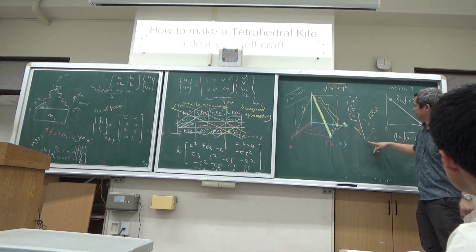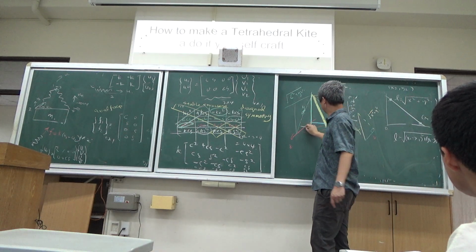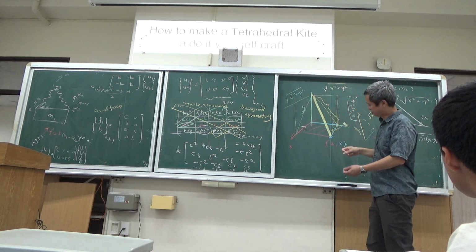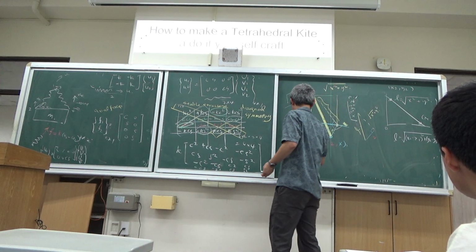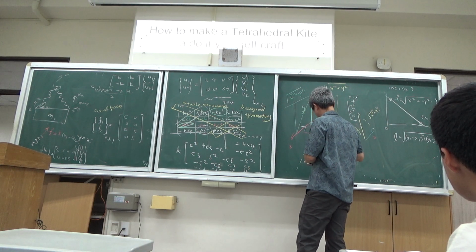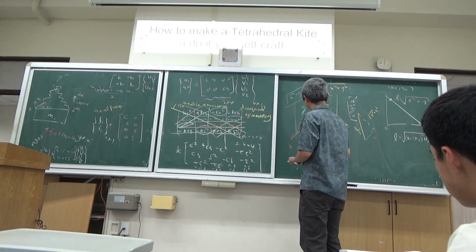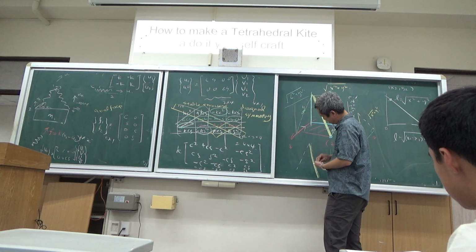The same line can also be obtained if you draw from this triangle. How is this triangle? This is the dash line. This is the full solid line. This is the base.